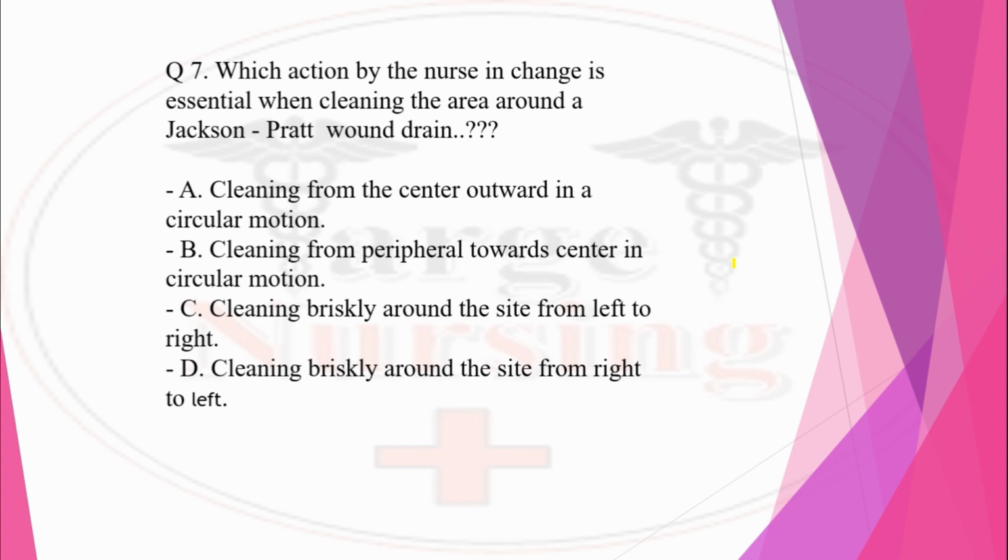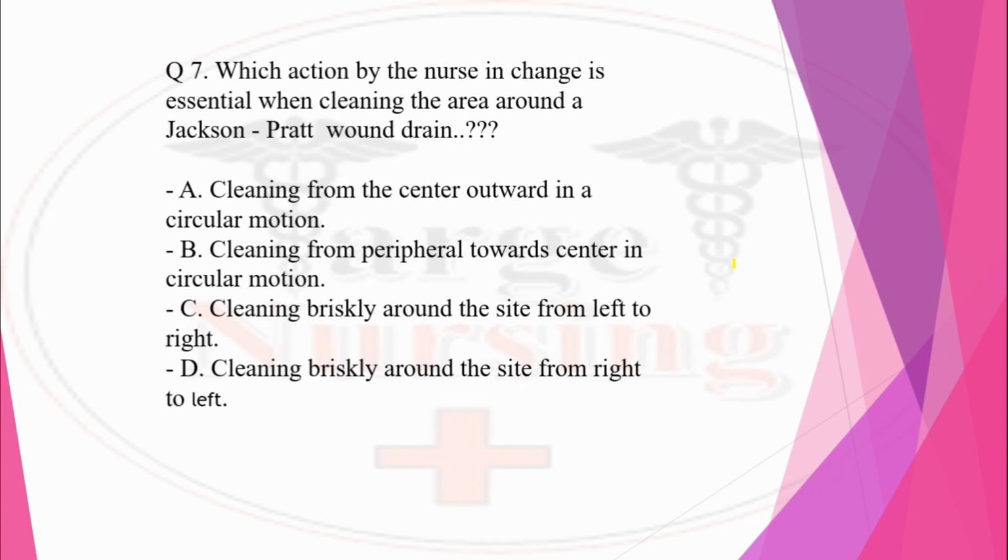When cleaning around the wound drain, the skin near the drain site is more contaminated than the site itself. The actual site of the wound is not that contaminated, but the area around that wound is more contaminated. That's why firstly we have to clean the central area, then the most contaminated area, which is the outer side.